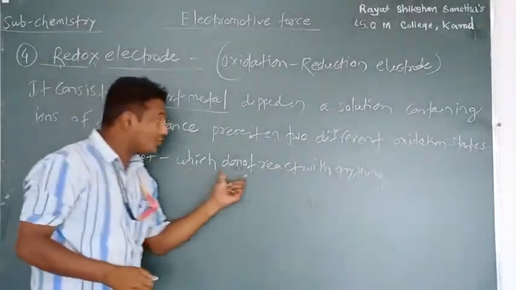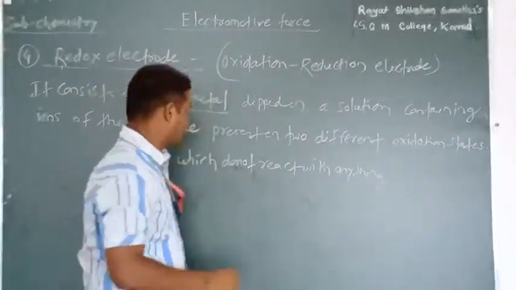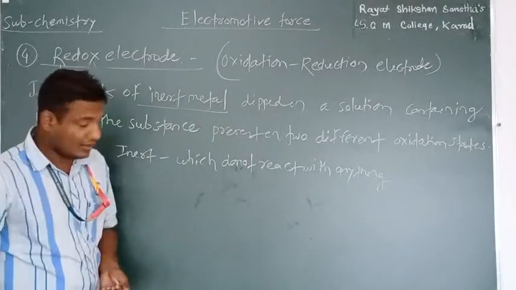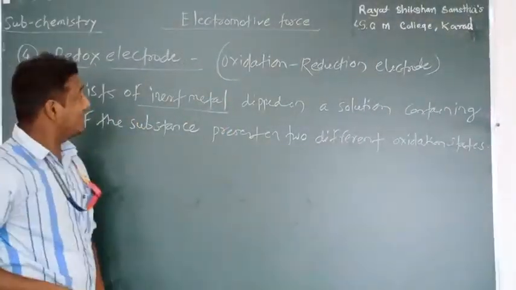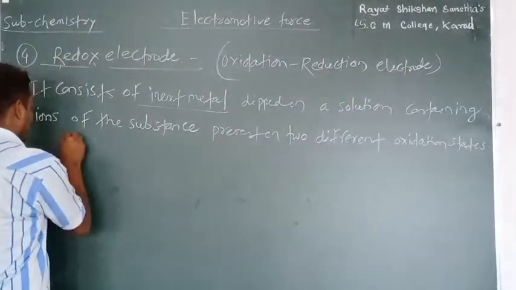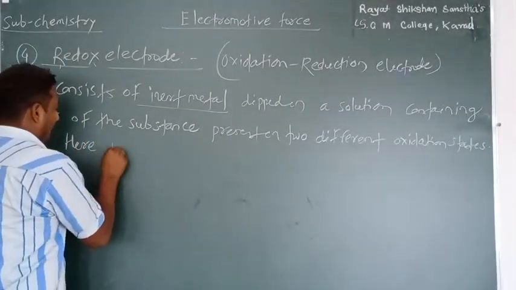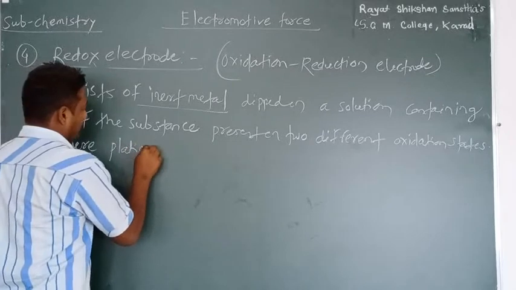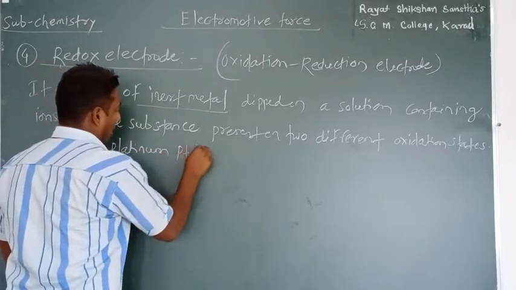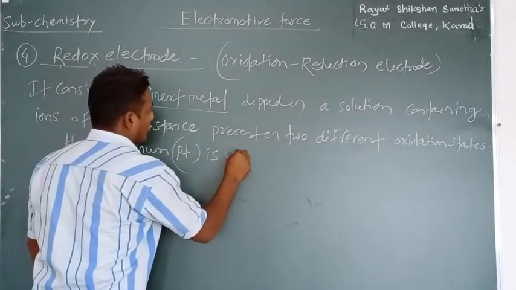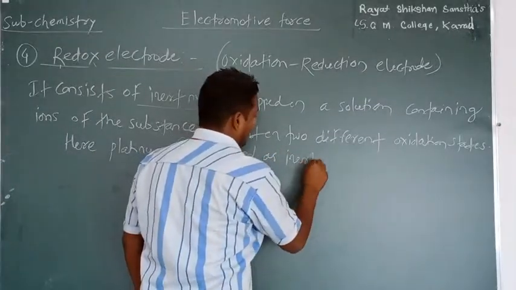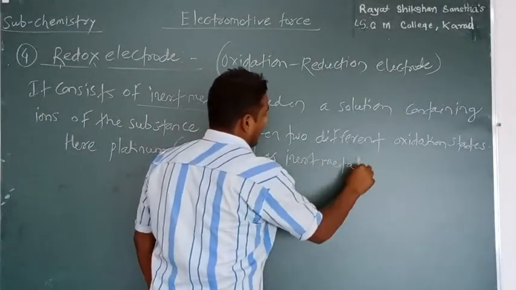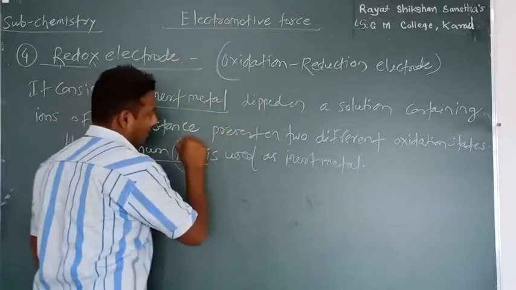So here we consider platinum as the inert metal. Platinum is used as the inert metal.